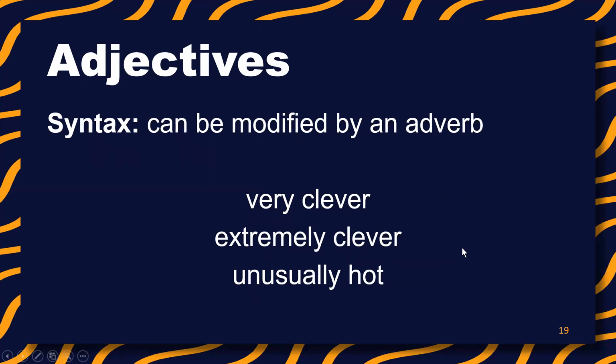So aside from that, adjectives can be modified by an adverb as well. For example, very clever, extremely clever, unusually hot. Our adjectives here are clever and hot. Very and extremely are the adverbs. In the first two examples, very and extremely function as intensifiers. How clever?